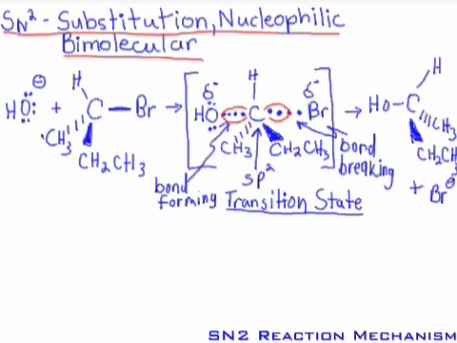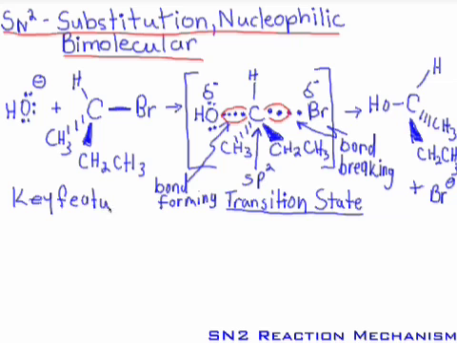This reaction mechanism is the SN2 reaction mechanism. It has certain key features that we're going to look at. Now, what I'm going to do is write out all the key features here, and then we will go through and discuss them one at a time.